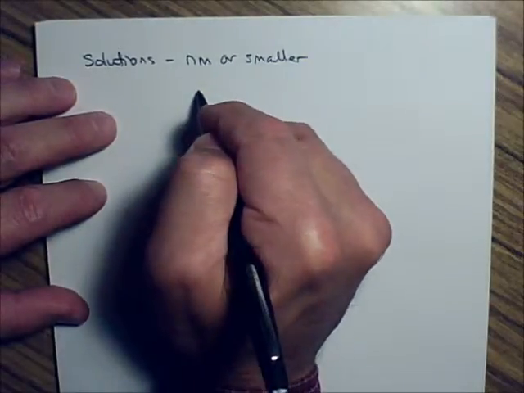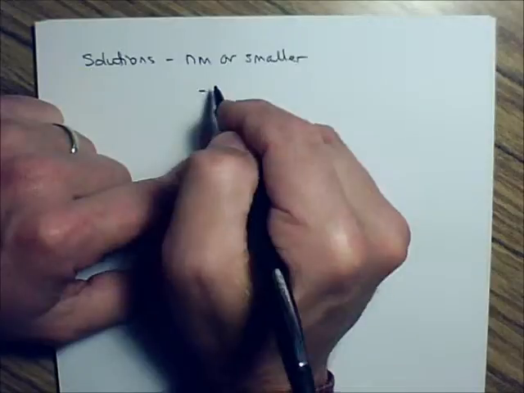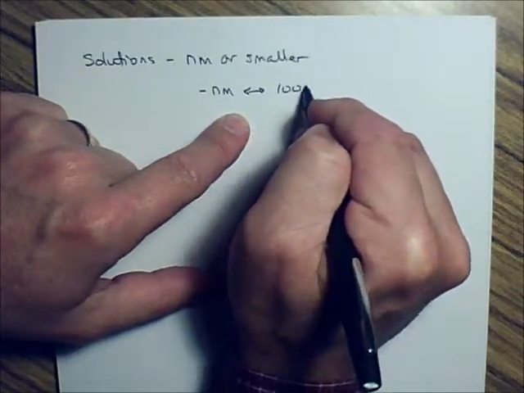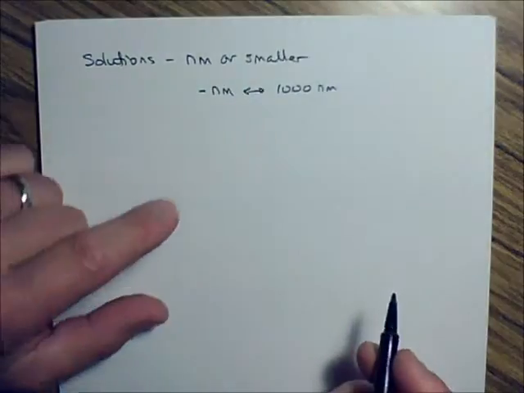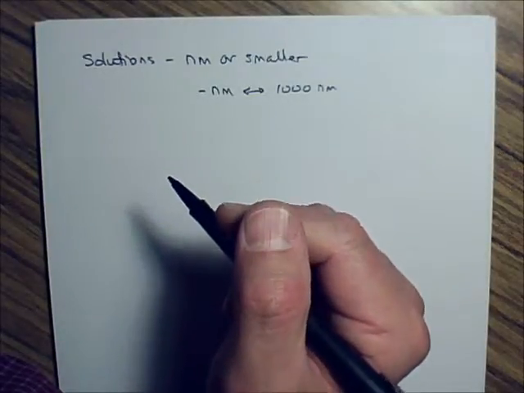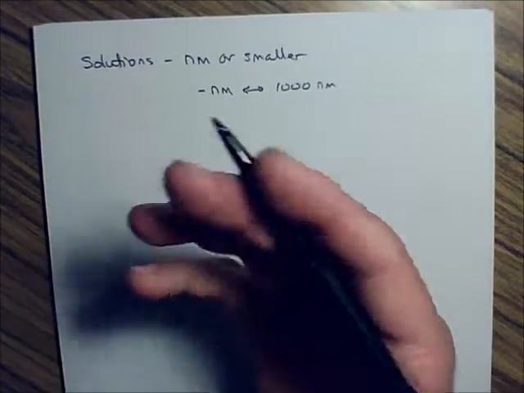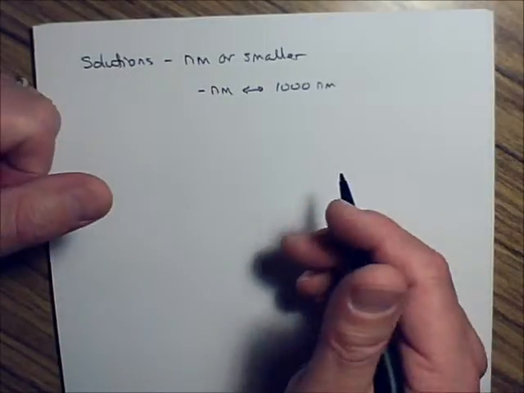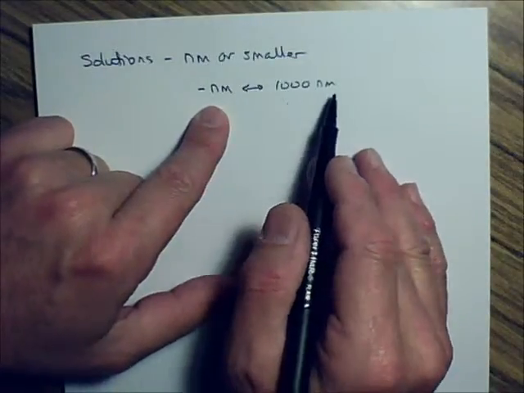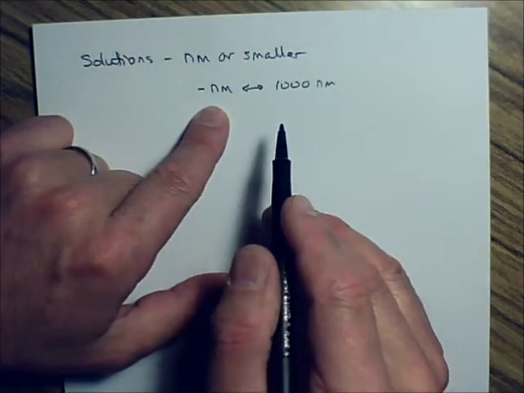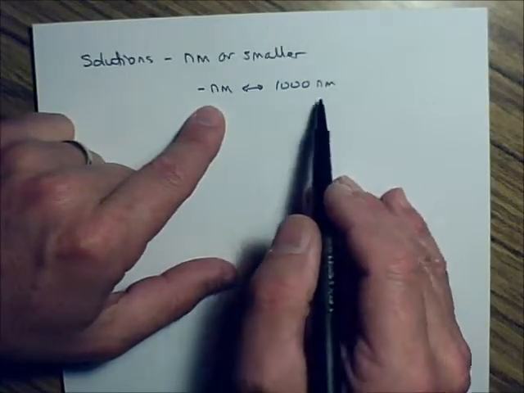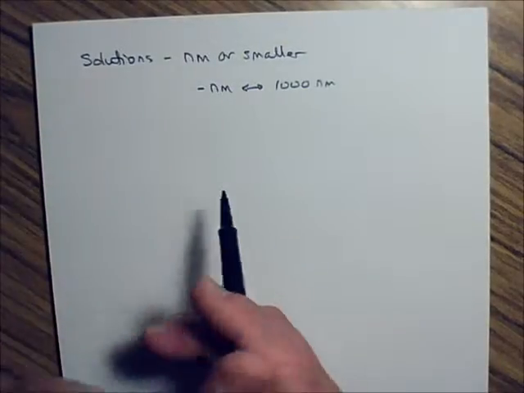If I have particles that are larger than a nanometer, between a nanometer and 1,000 nanometers, I've dissolved something that's a little bit too big to be a solution. I might have dissolved it in something that has nanometer-sized particles, but if the particles are between a nanometer and 1,000 nanometers, we no longer have a solution.